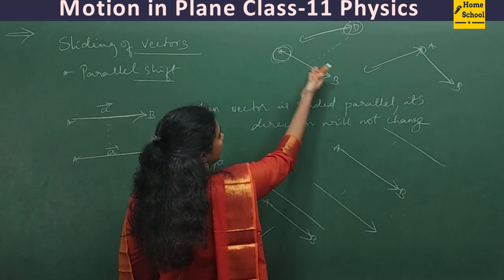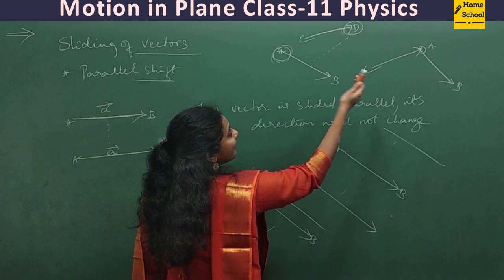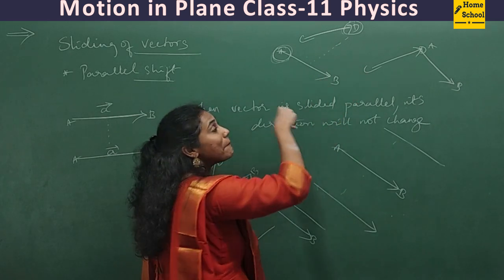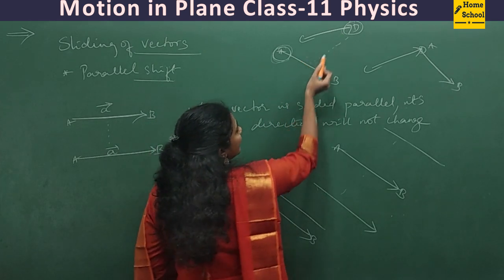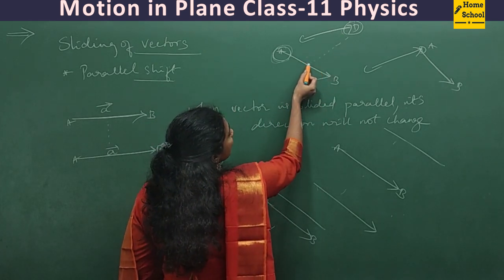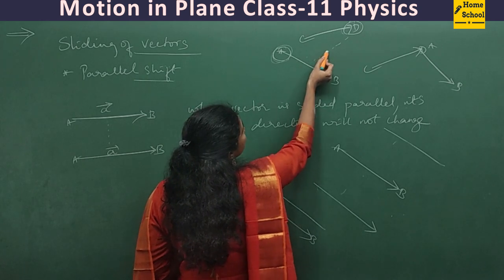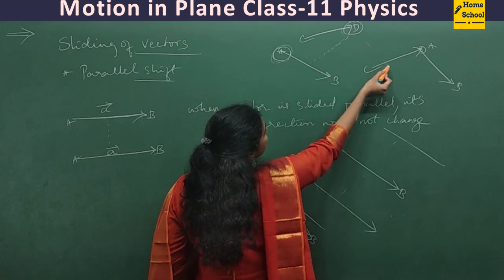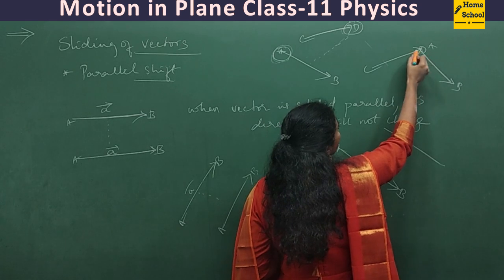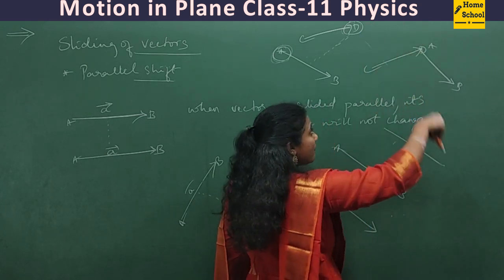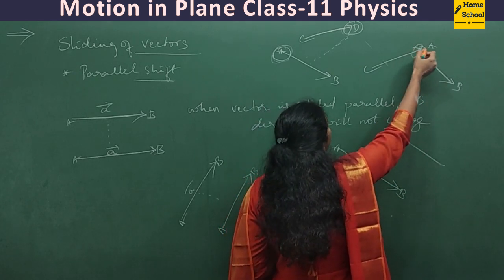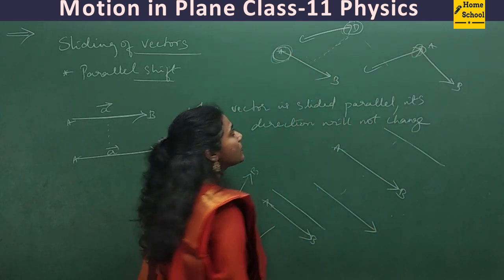So I will use the parallel shift concept here. I shift this vector parallelly and place it like this, so that the head of this vector is touching the tail of this vector.